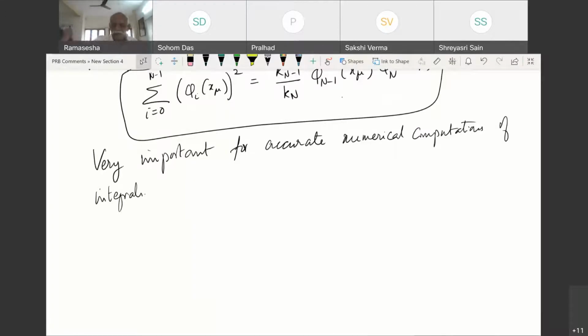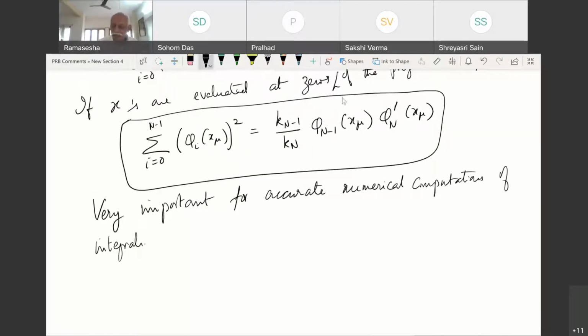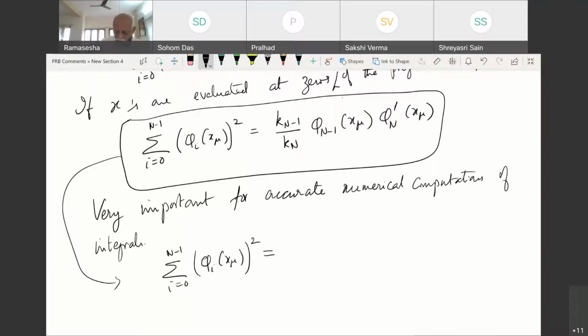Okay, so you can use the same equation and if you want, you can have a slightly different form of this. We can show using the recurrence relationship the sum over i equal to 0 to n minus 1, which we can also write as k_n upon k_{n+1} times P_{n+1}(x_mu) and P_n'(x_mu).